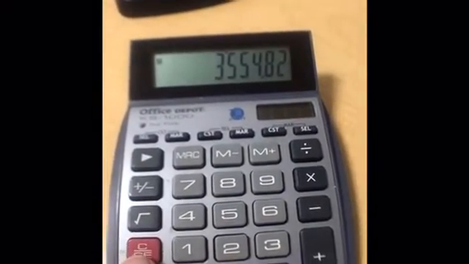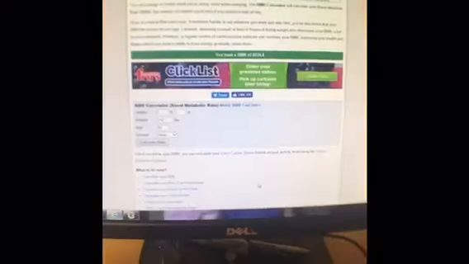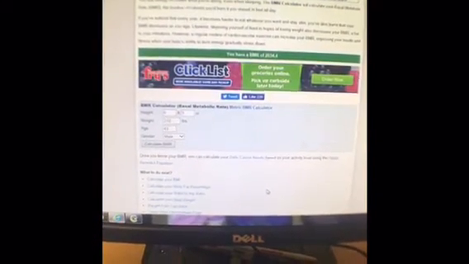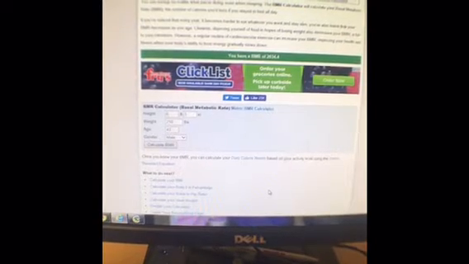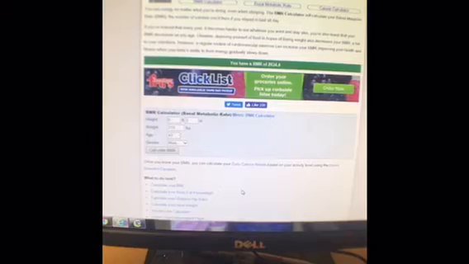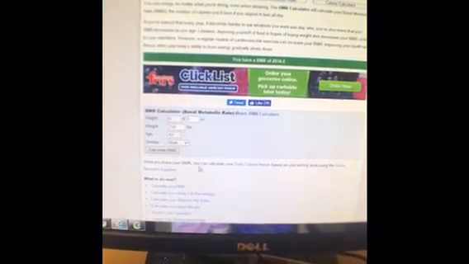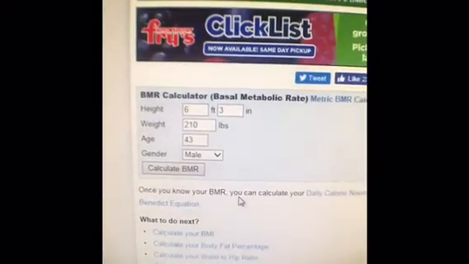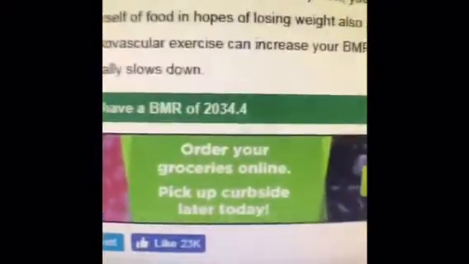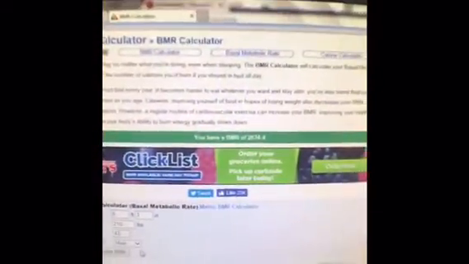So now we know that. So how do we use that to our advantage? Well, if I can do a quick Google search on basal metabolic rate and calculate what my daily caloric needs would be. If I enter my stats there, height, weight, age, gender, calculate my BMR, it's going to be 2,034 calories a day. That's how many calories I need to maintain my current weight of 210 pounds if I was not active whatsoever.